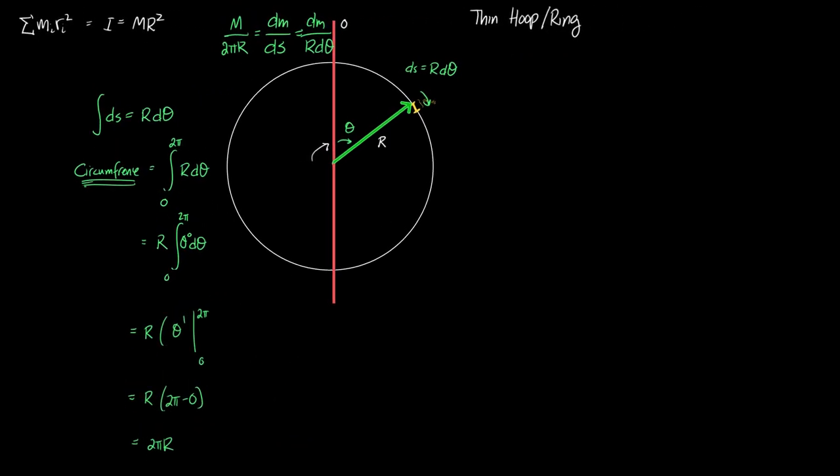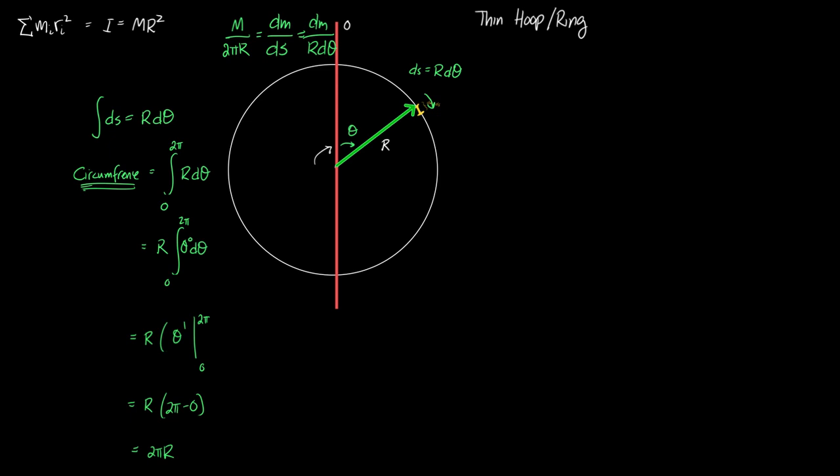So we'll assemble our integral. Moment of inertia equals the integral of r squared dm. What is the perpendicular distance from our axis of rotation to our piece of mass? Yeah, but just the capital R, right? The whole radius.